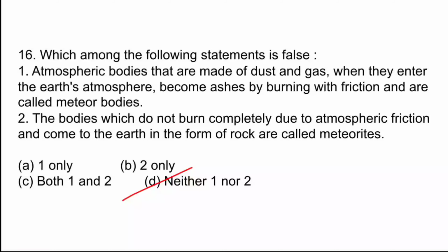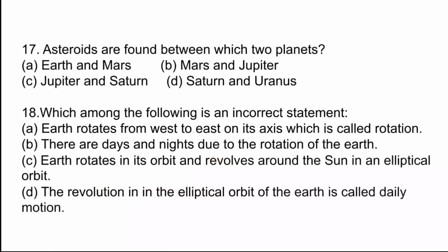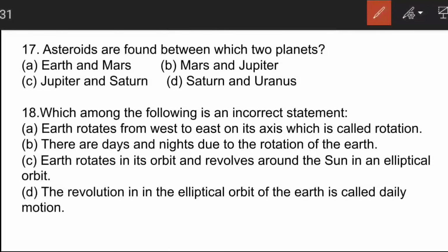These are very important. The next question is, asteroids are found between which two planets? It is a belt of asteroids which is found between two planets. This is Mars and Jupiter. We have it between Mars and Jupiter.